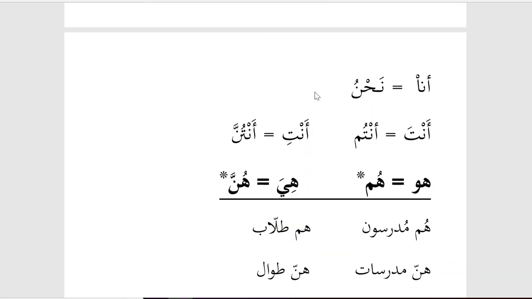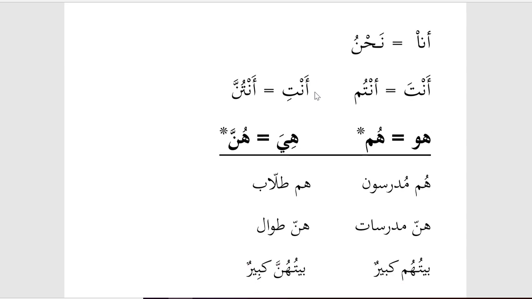Okay? The last thing we want to look at is pronouns. The other thing that they introduce at the end of chapter 13 and the beginning of chapter 14 is pronouns, dhama'ir.